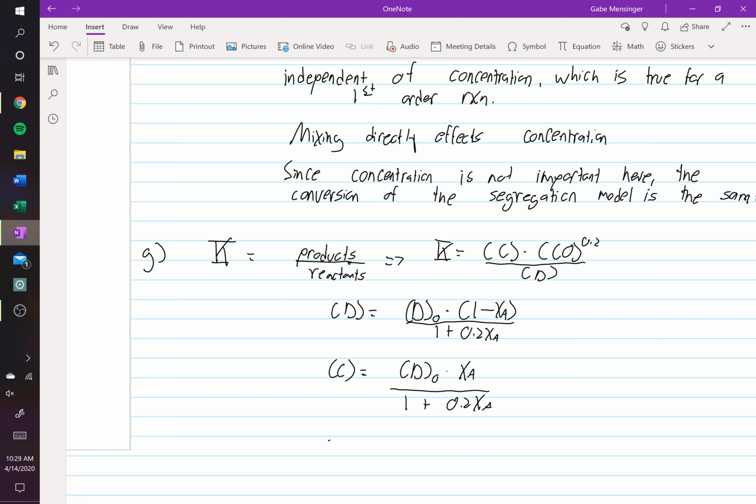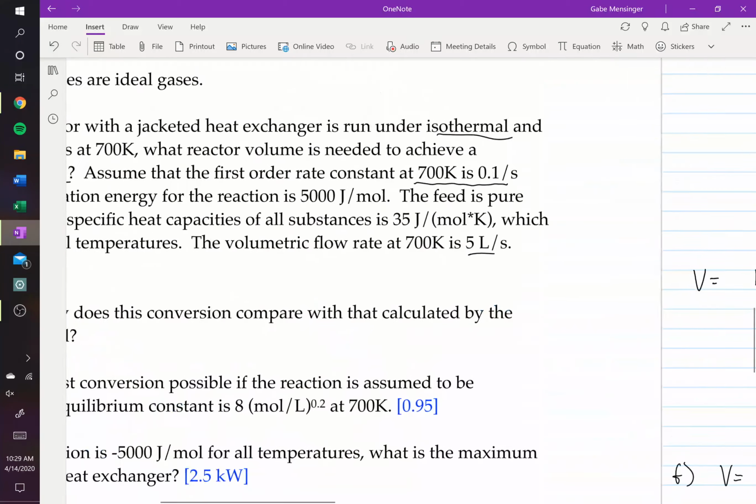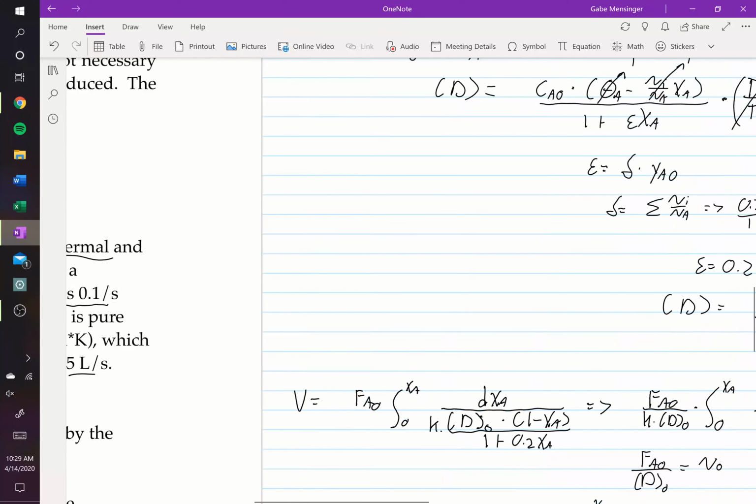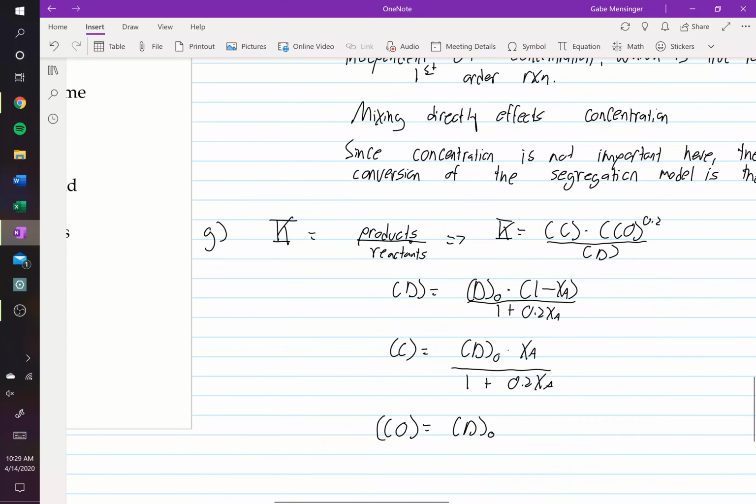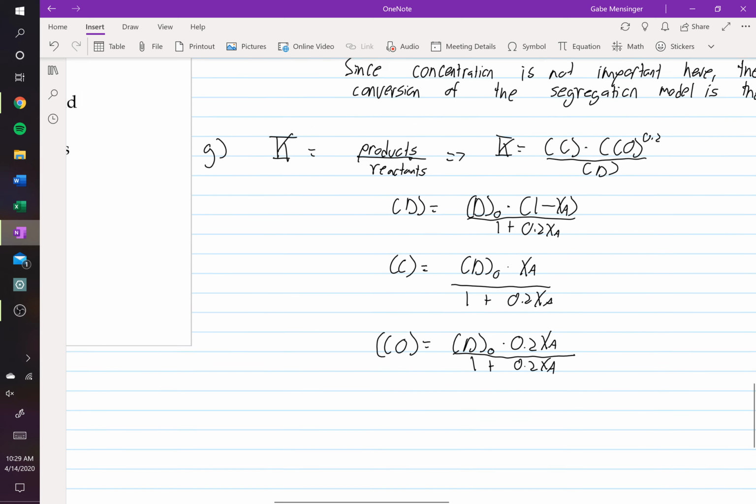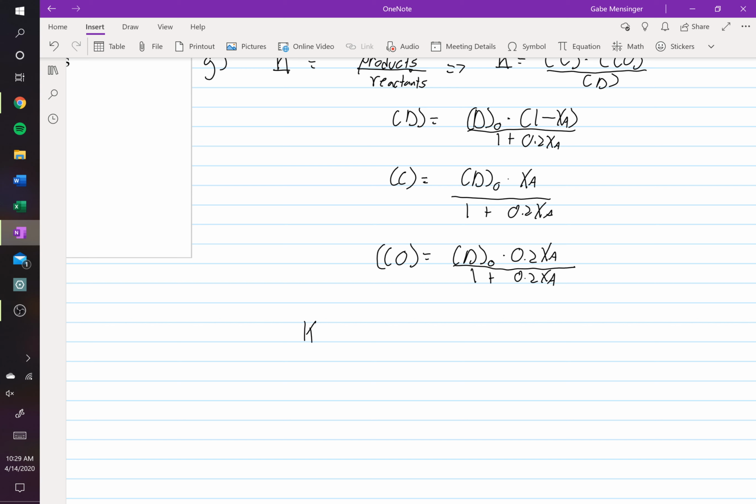And for the concentration of CO, same thing, sort of. We have the D naught. Theta for CO is 0 because it's pure D coming in. The ratio of the nus, in this case, is 0.2 over 1. So we multiply that by 0.2 XA, or 0.2 over negative 1. Those will cancel out the negatives. And then same epsilon. So that's what we get for the concentration of CO. So now we can plug those back in.